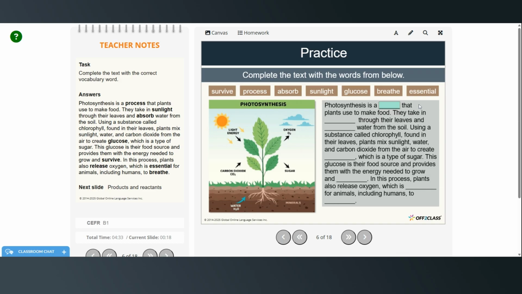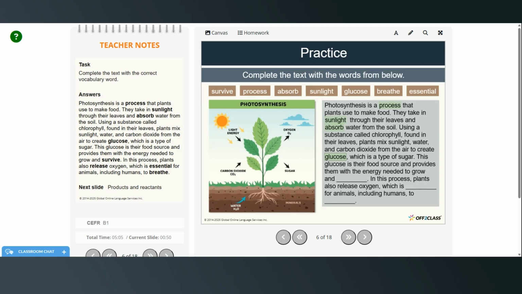Okay, so photosynthesis is a process that plants use to make food. They take in sunlight through their leaves and absorb water from the soil. Using a substance called chlorophyll found in their leaves, plants mix sunlight, water, and carbon dioxide from the air to create glucose, which is a type of sugar.